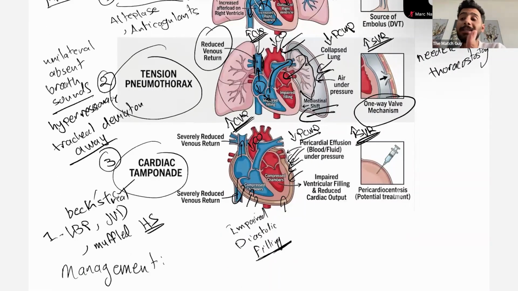And cardiac tamponade involves a similar process, which is called pericardiocentesis, where you're going to be inserting a needle into the space surrounding the heart, and this is going to empty the heart.